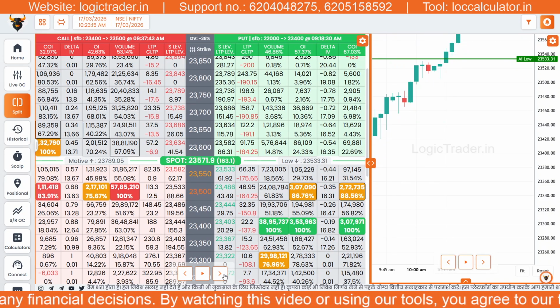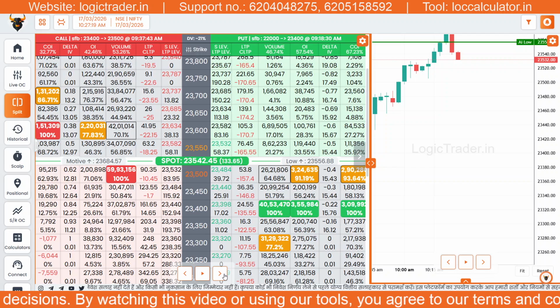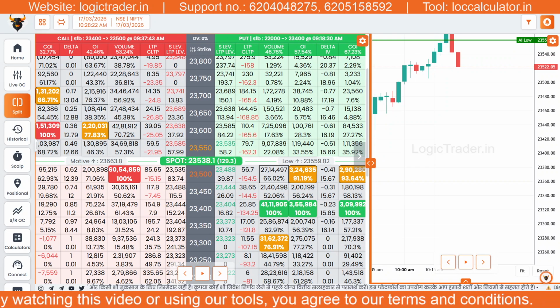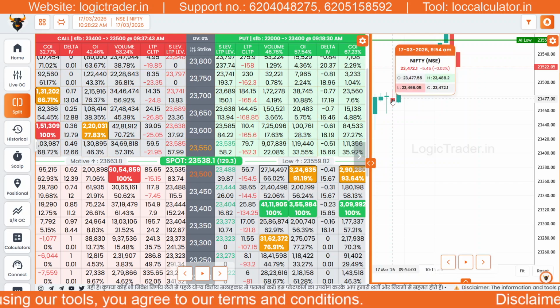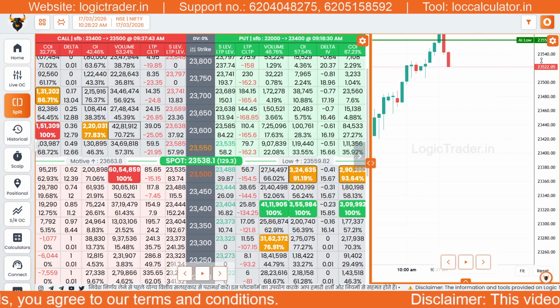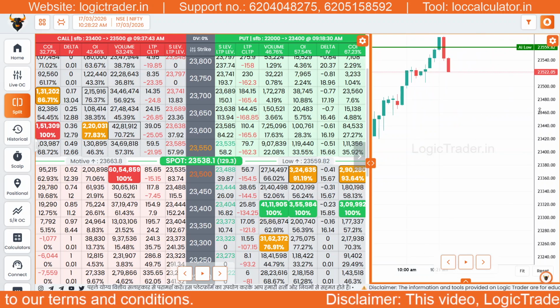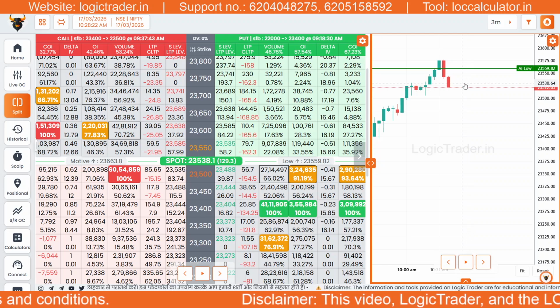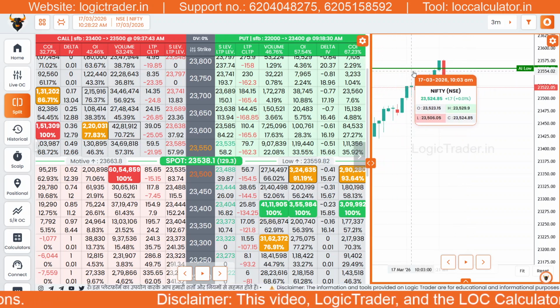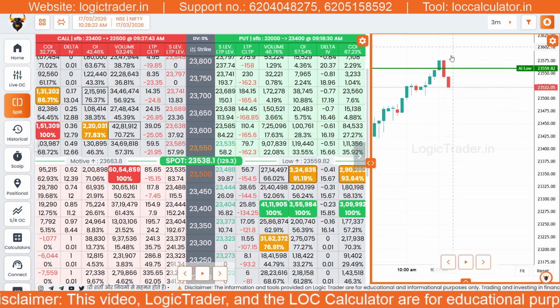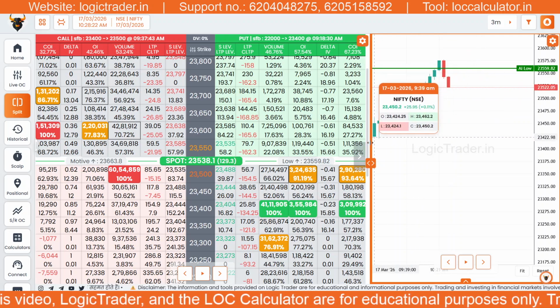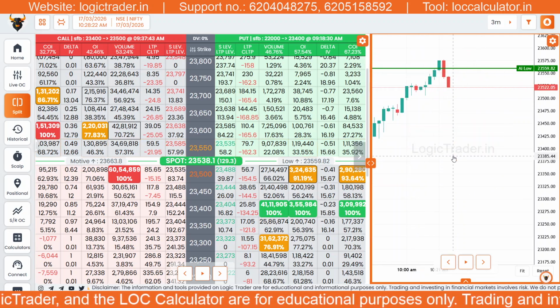Around 10:28 a.m., we can observe that the market is starting to reverse. At this point, instead of holding the position further, we will exit the trade using our trailing stop loss and book the profit.